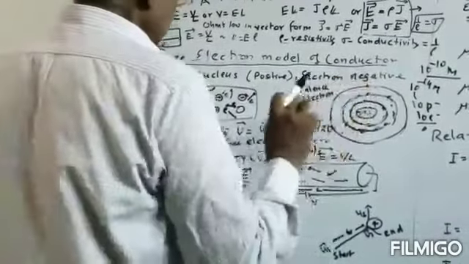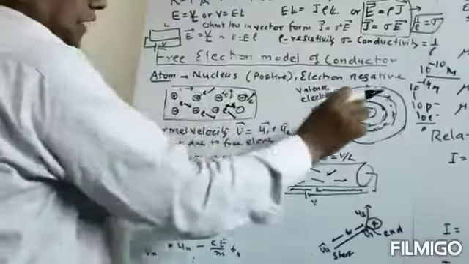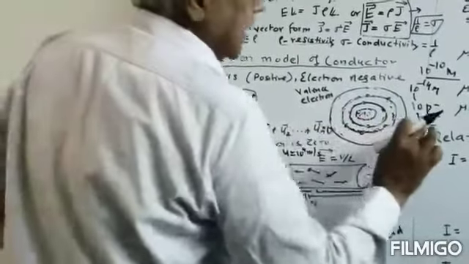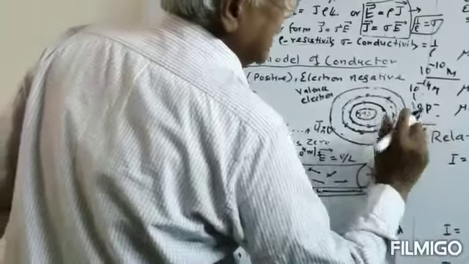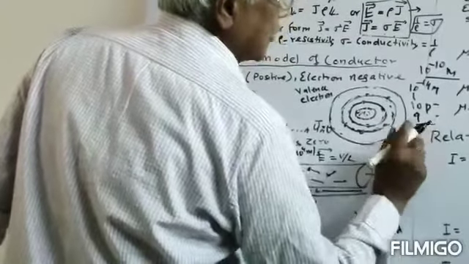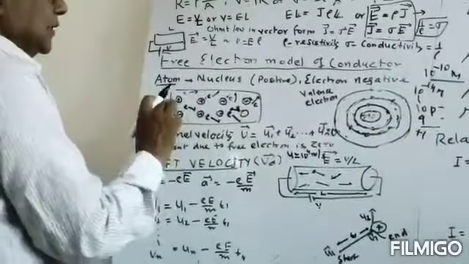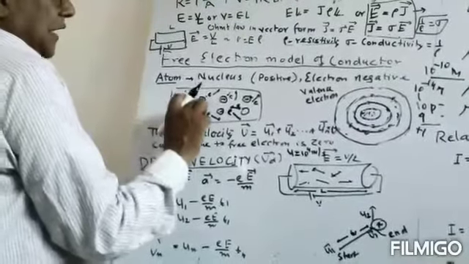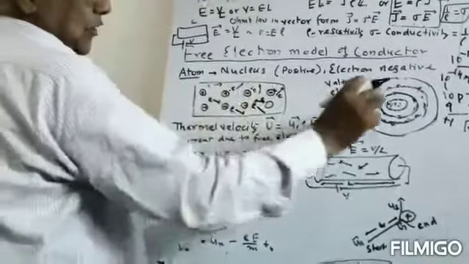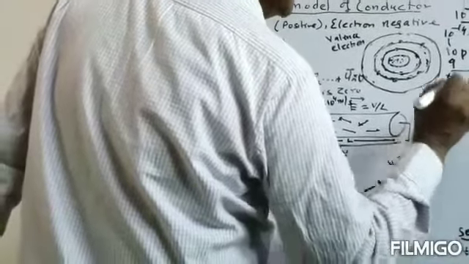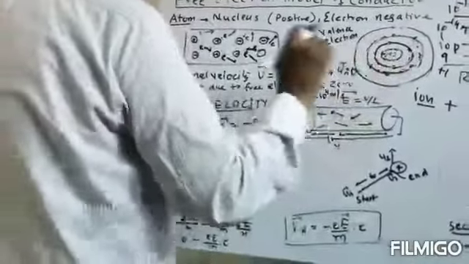So now the atom will be positive. When one electron is left, the electron count is 10, so the total charge is +1. Here we will represent this atom, which is now an ion, because it has positive charge, and this is fixed.